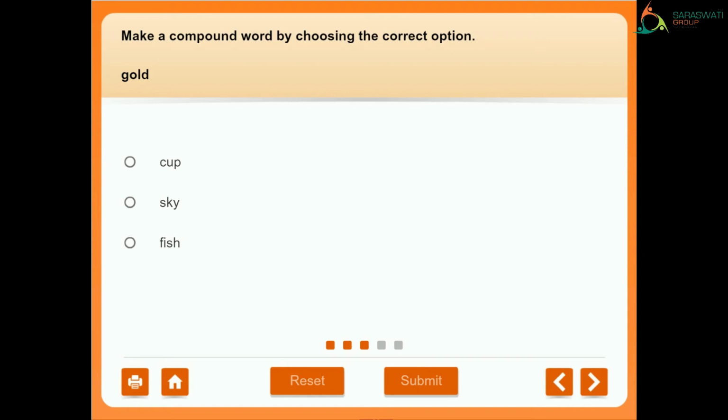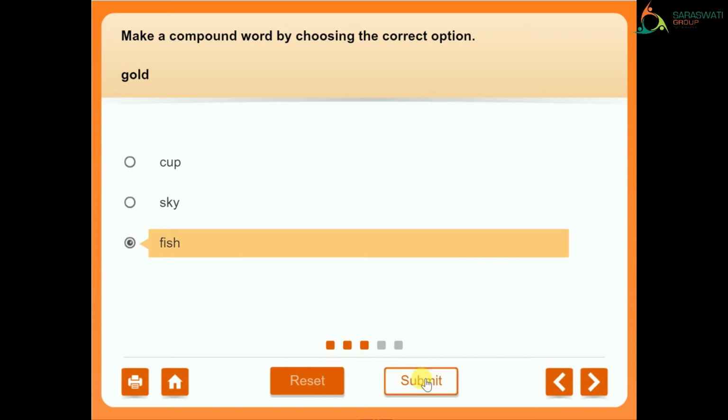No, it cannot be. Goldfish? Let me guess upon this. Yes, I have heard it frequently, so let us find out. Is it correct? Yes, it is correct. Goldfish. So the two words combine, gold plus fish, and make a new word, that is goldfish. That is a type of fish.